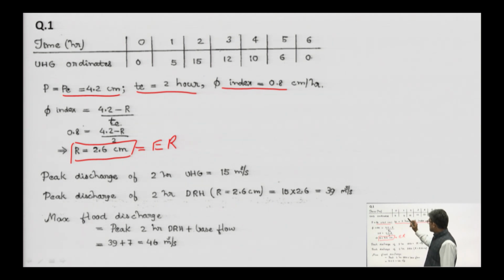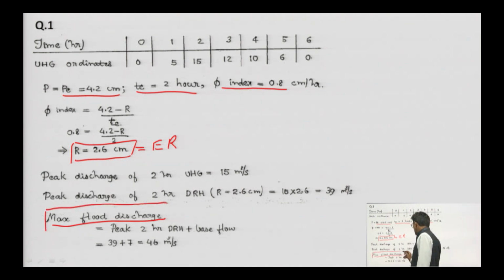And for this given storm, what do we need to find? We need to find the peak discharge, the maximum flood discharge actually. That we need to calculate with the help of this given hydrograph.